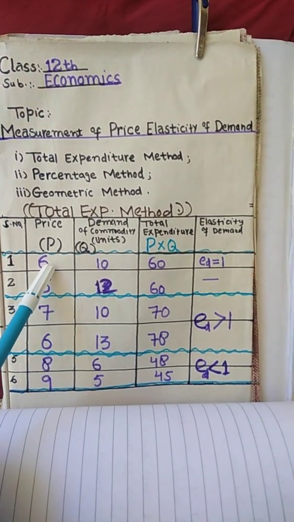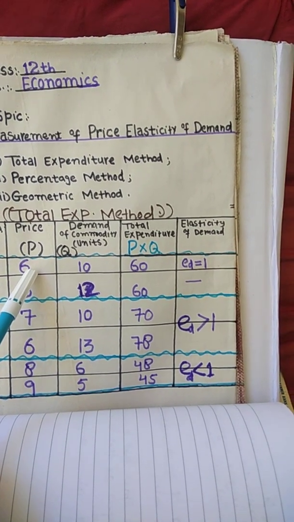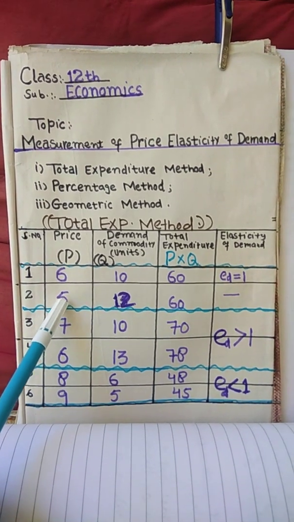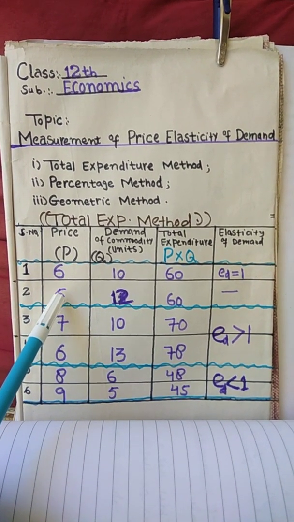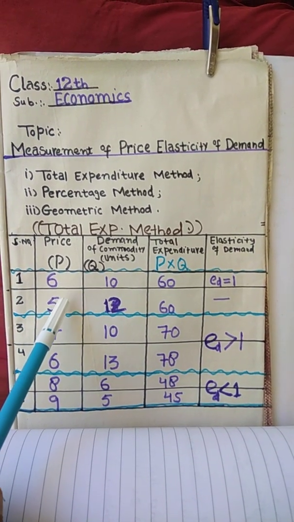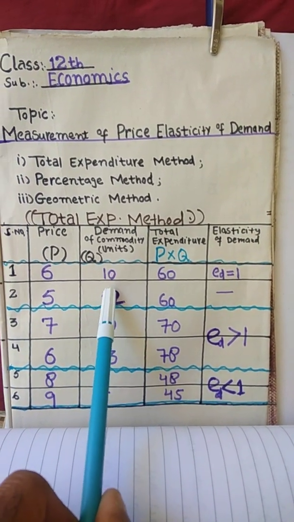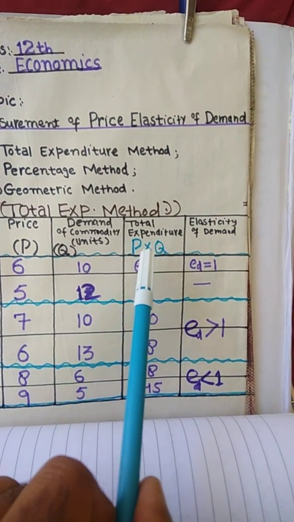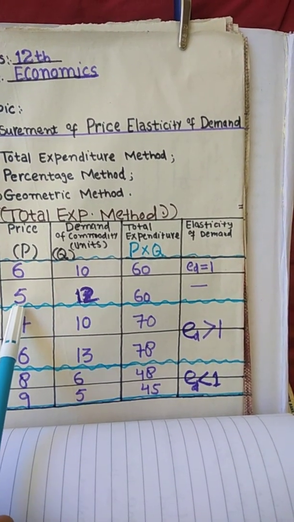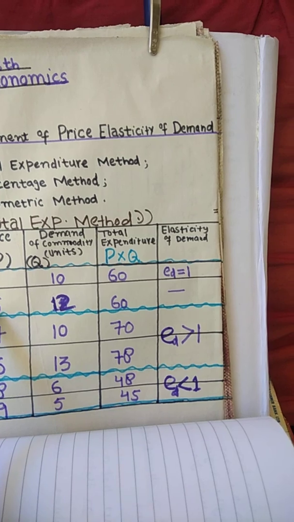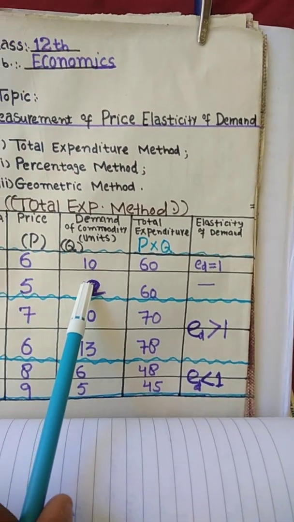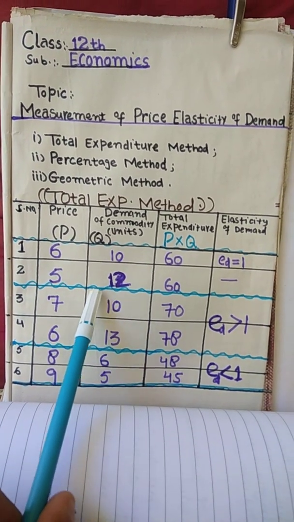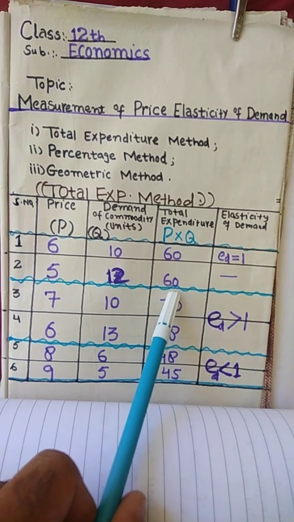Initially the price was 6 rupees per unit, and then the price falls to 5 rupees per unit. So the initial expenditure of the consumer for purchasing 10 units of commodity was 60, and when the price falls to 5 rupees, he increases his demand from 10 units to 12 units, but the total expenditure still remains 60.